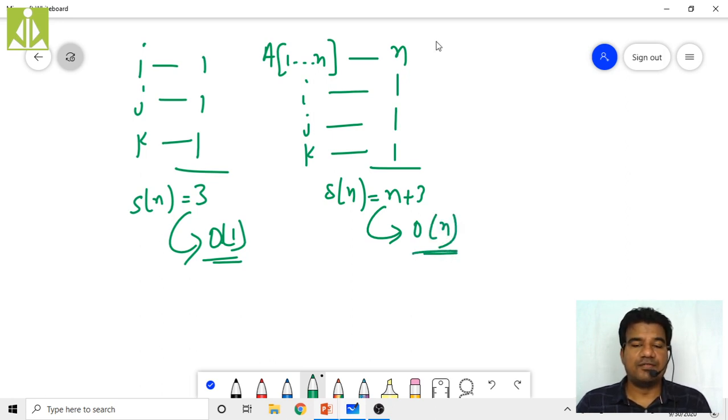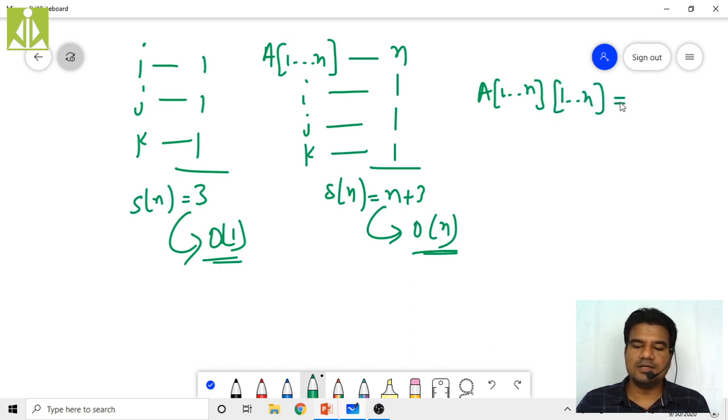But in finding the addition of two matrices, we are using arrays of 2 dimensions, like A with rows 1 to n and columns 1 to n.